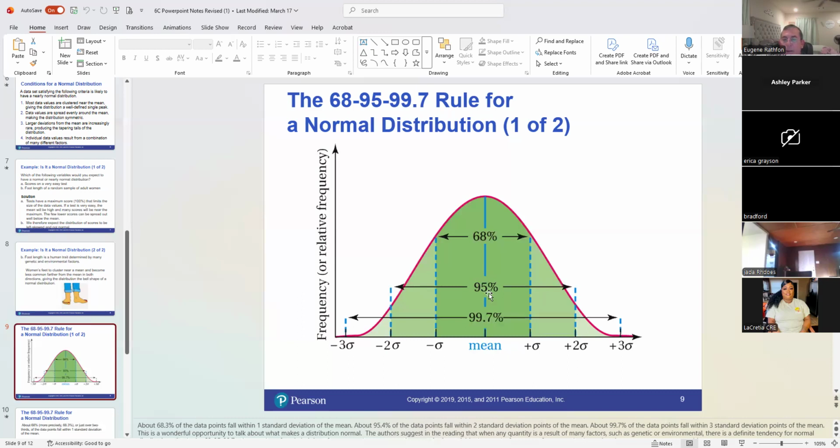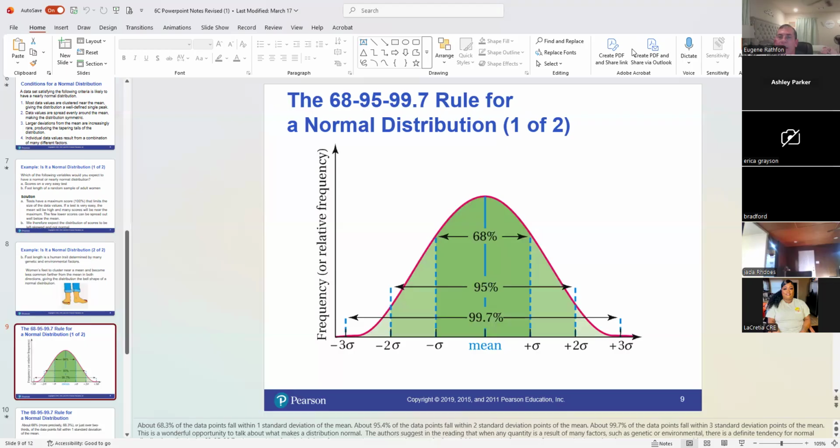And y'all, 3 standard deviations from the mean, you have almost 99.7% of your data within 3 standard deviations.